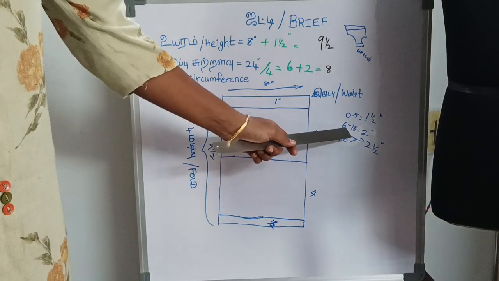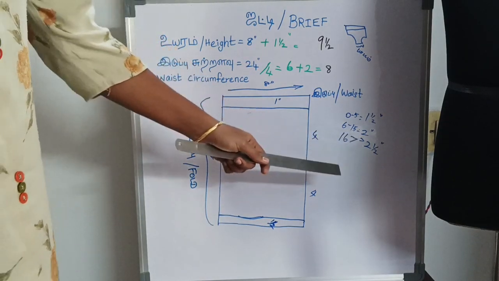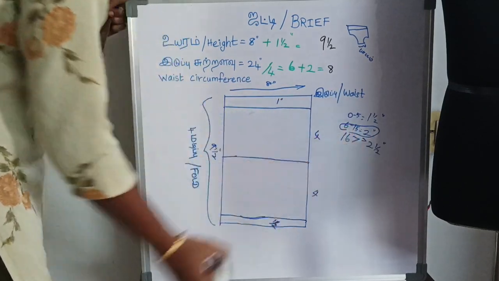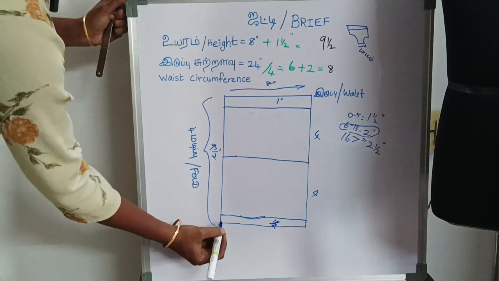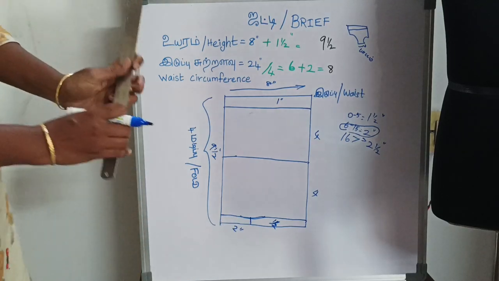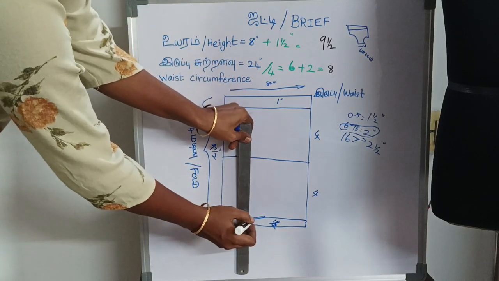We are going to stitch for 6 to 15-year kid. So bottom you can keep 2 inch. Bottom 2 inch. Mark a small line. Then extend the line to the midline.